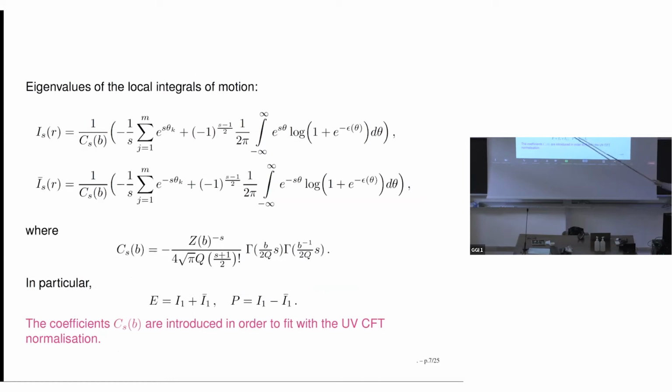I introduce here some constants because I will soon talk about the relation to the ultraviolet conformal field theory, and these constants are needed for normalization. There are some important constants which were introduced by Bazhanov, Lukyanov, and Zamolodchikov. They're here. In particular, the energy is the sum of these two for s equal to 1, and momentum is the difference.